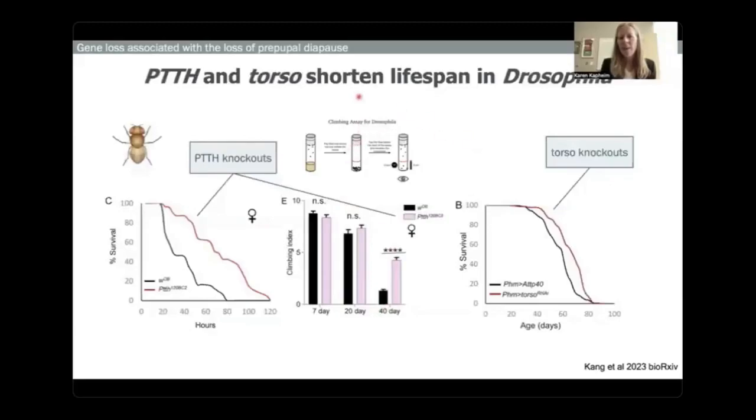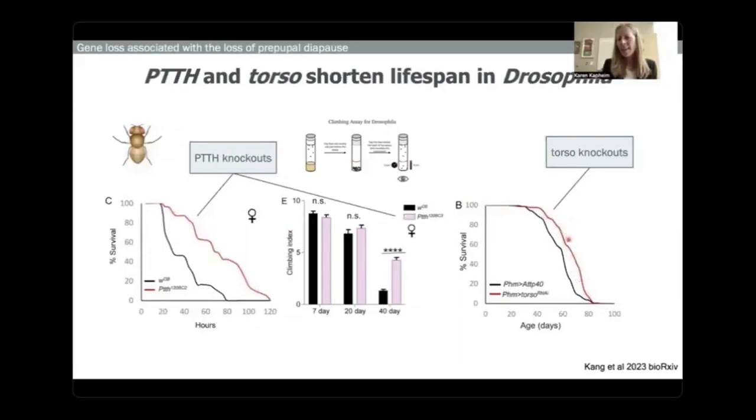Remarkably, there's a recent paper, or preprint, showing that PTTH and torso have lifespan effects in Drosophila adults. So here I'm showing you some survival curves. These are figures from their paper. The red lines are the knockouts for PTTH, and over here the red line is a knockout for torso.